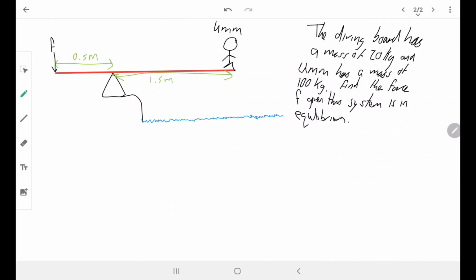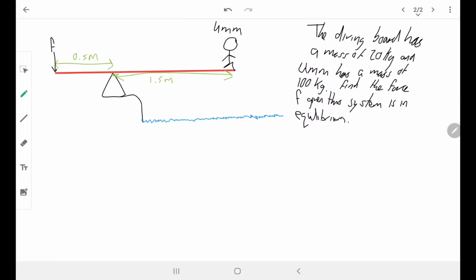So I am assuming he is on a planet called Earth, although he might not be, but let's just assume he is for now. And we actually need to work out the force, otherwise known as the weight, of him as well as the weight of the diving board. So the diving board has a mass of 20 kilograms, and he has a mass of 100 kilograms. Find the force F given the system is in equilibrium.